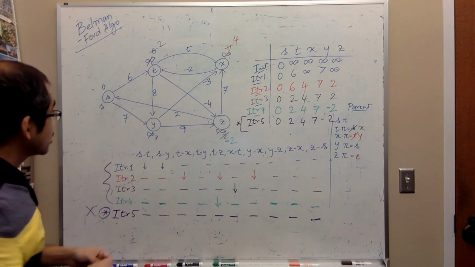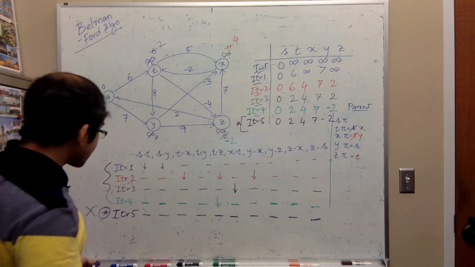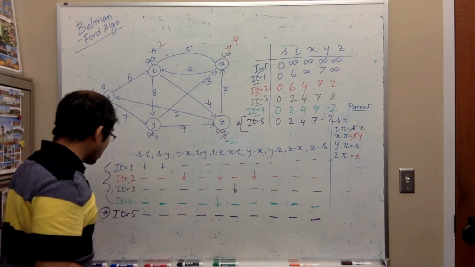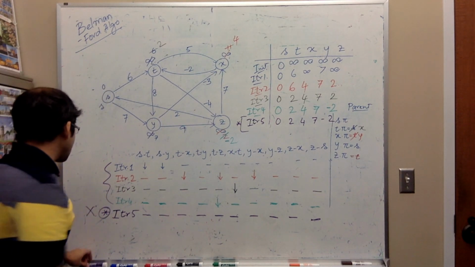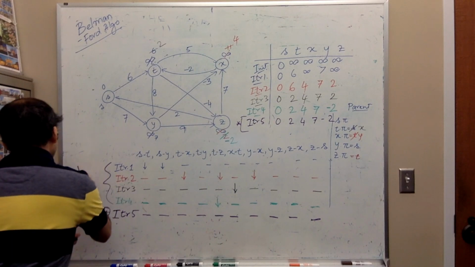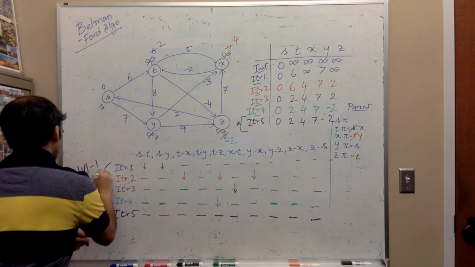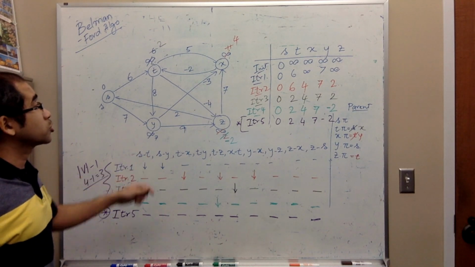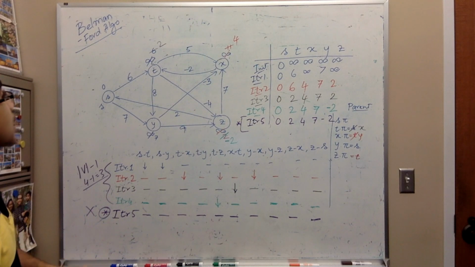So this is the end of one example of the Bellman-Ford algorithm. As I said, number of iterations should be mod V minus 1, so that is 4 minus 1 equal to 3, and we do not need this last iteration. This is just to show you that after 4 iterations the graph already does maximum relaxation.